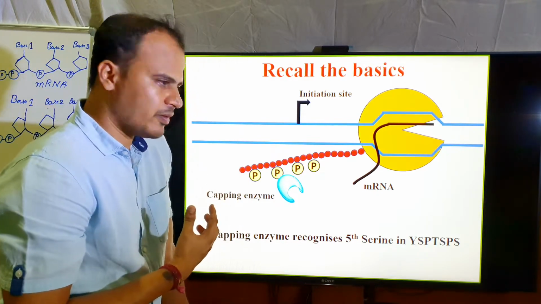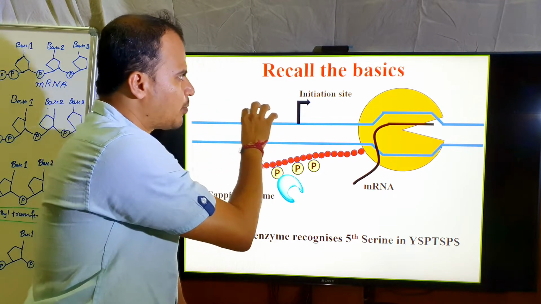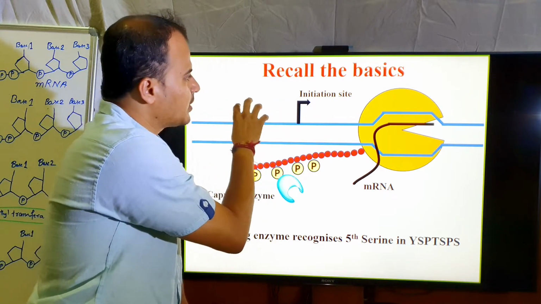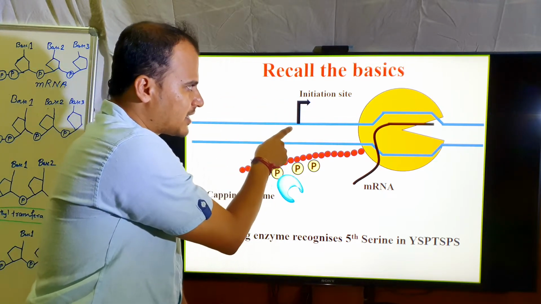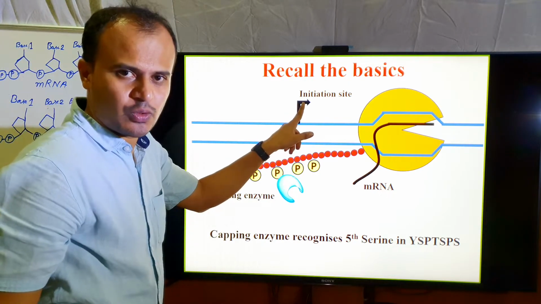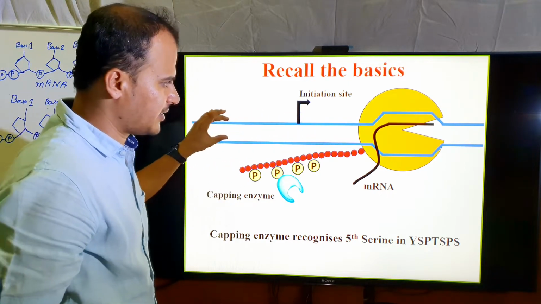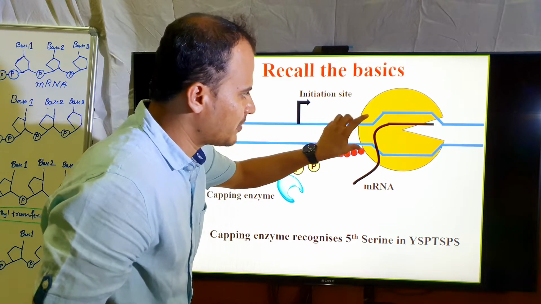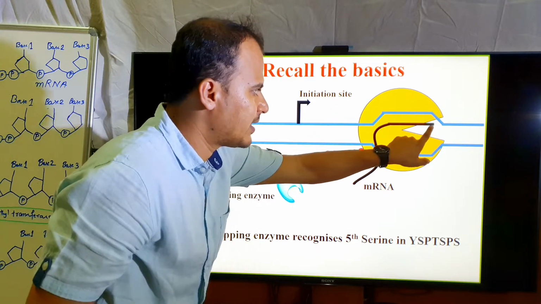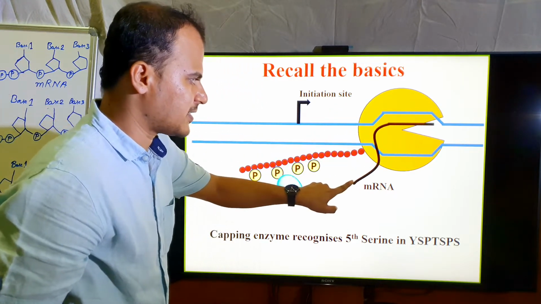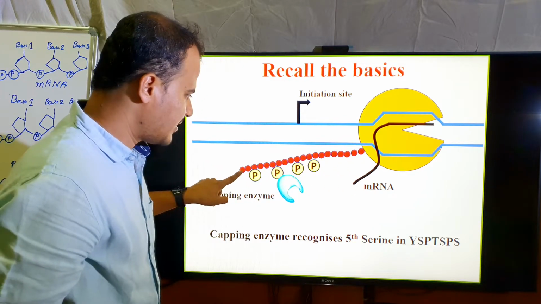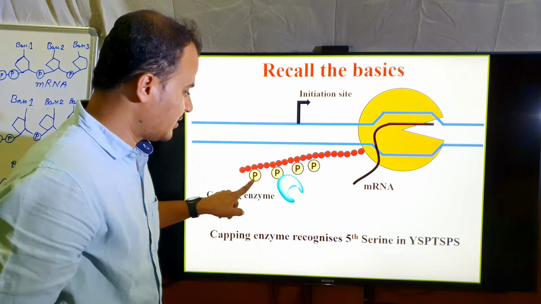In the case of eukaryotes, once the transcription is initiated, you can see that the RNA polymerase is moving, the mRNA is being synthesized, and there is an RNA polymerase tail.